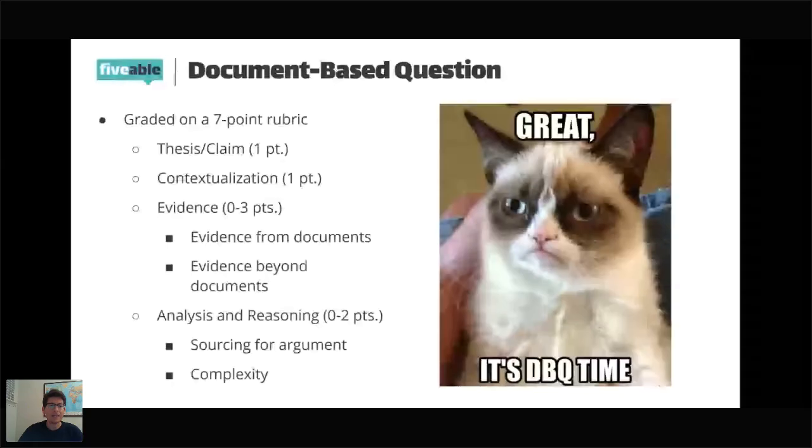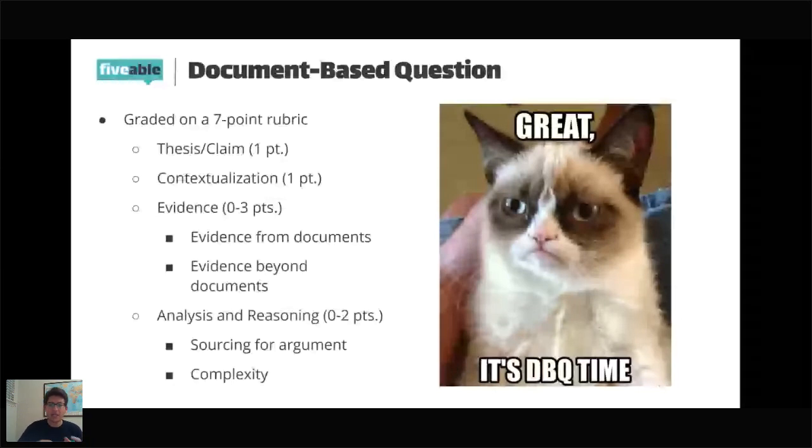And then lastly, complexity. Does your essay demonstrate an overall complex argument? And that might be, for example, multiple sides of an issue, or multiple sides of a question. It might be a counterclaim that asks you about changes.